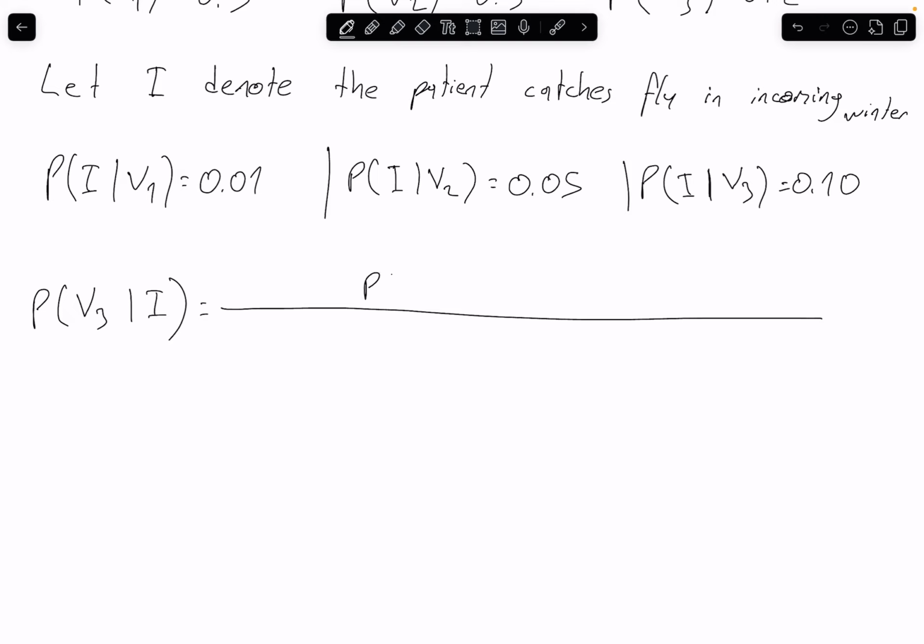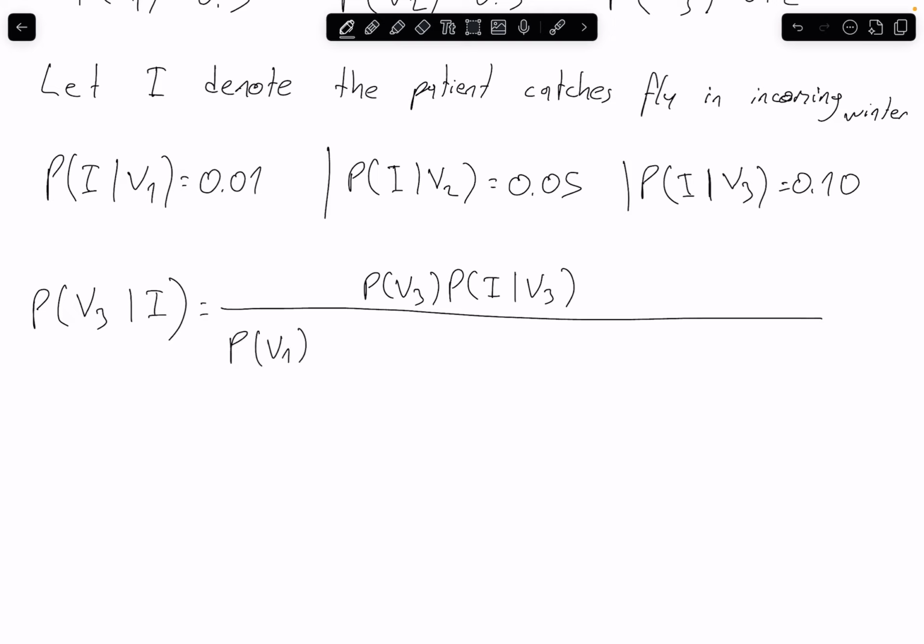Okay, so the probability of V3 multiplied by the probability of sick, given that V3, and in the denominator we need to sum them up.